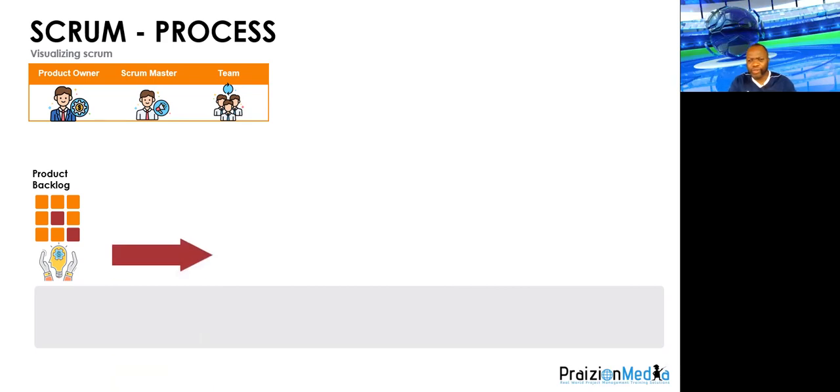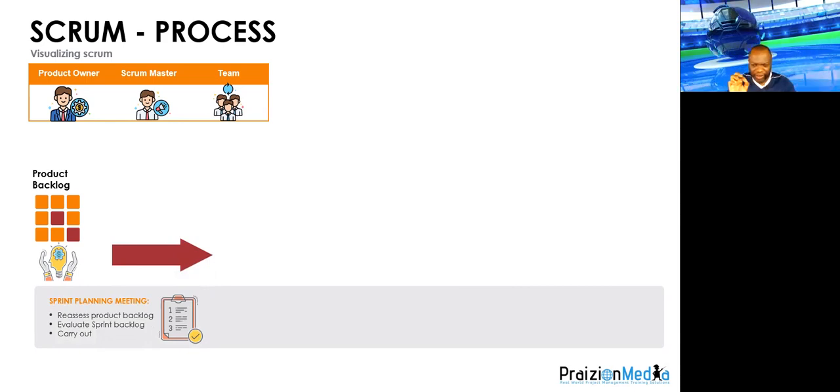For that reason, you need to plan, sprint planning, what to do in each sprint. So in sprint planning, you reassess the product backlog, you evaluate the sprint backlog, and then you proceed to break down things into tasks that will be done.